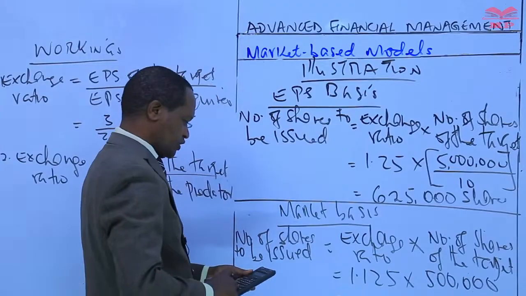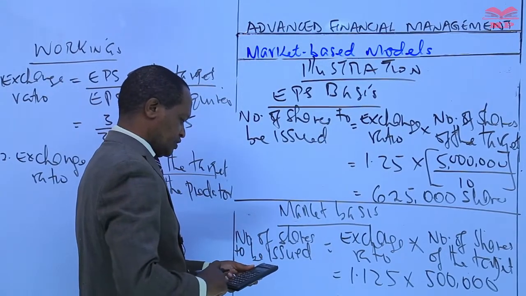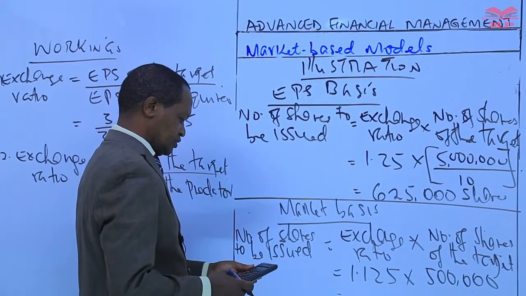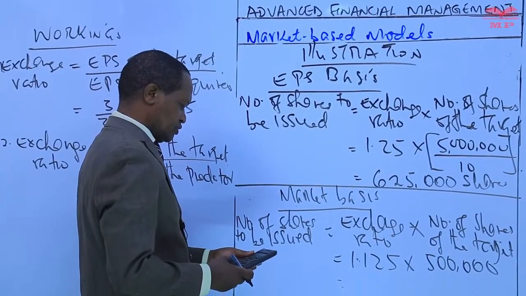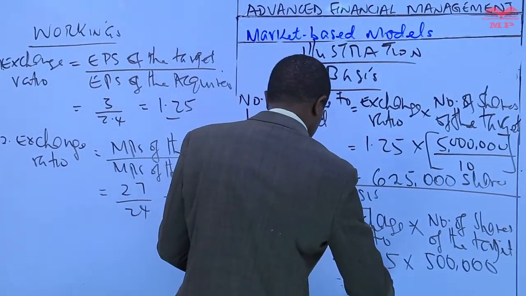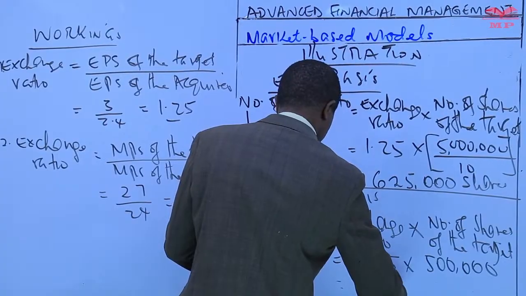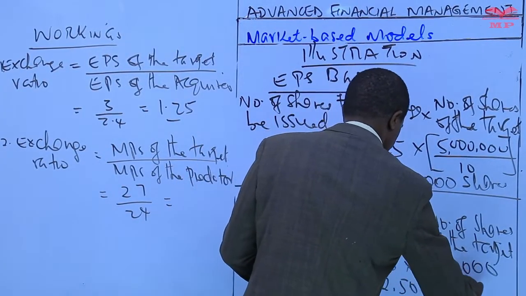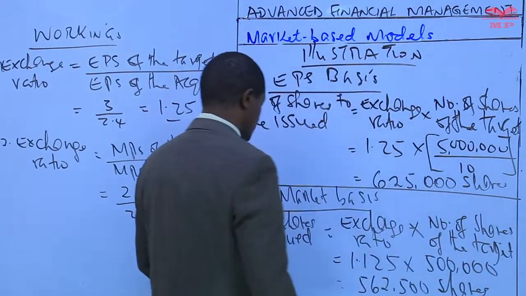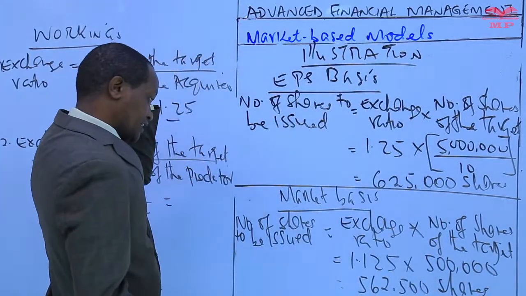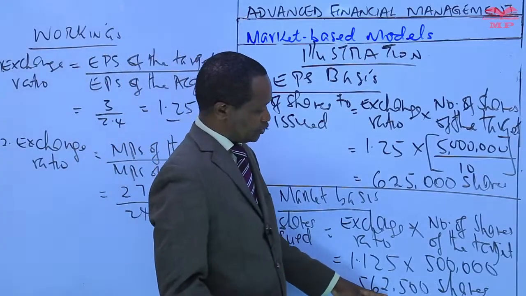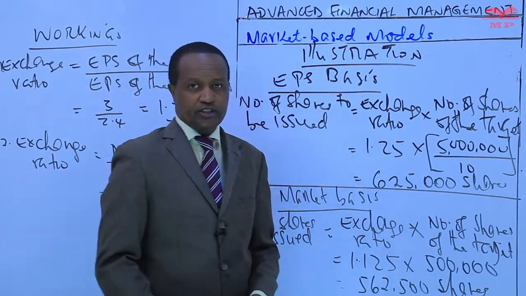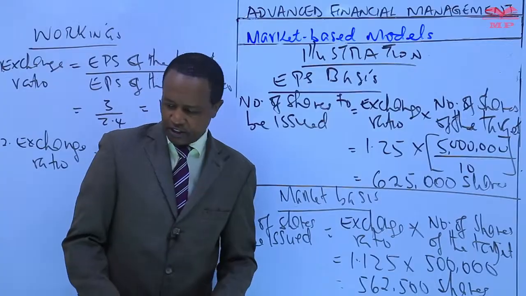So 1.125 times 500,000 is equal to 562,500 shares. This is the number of shares to be issued to the target. Is that clear, candidates?